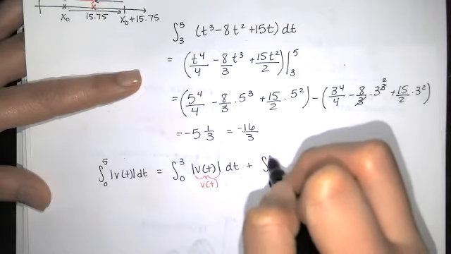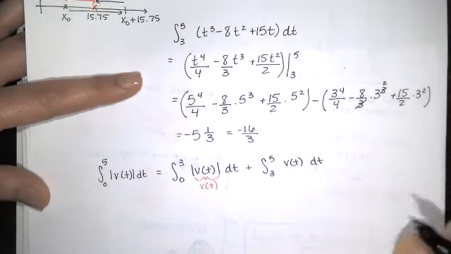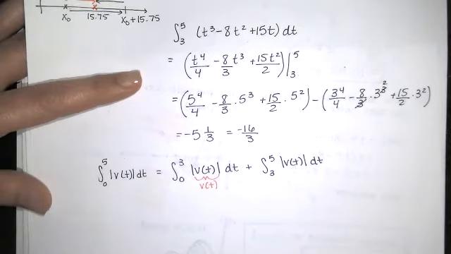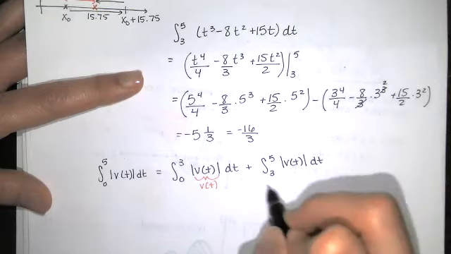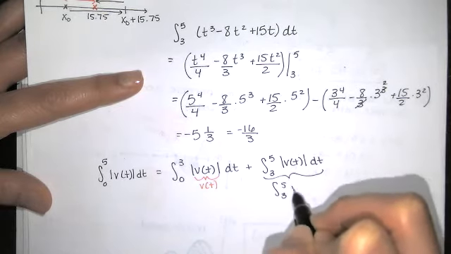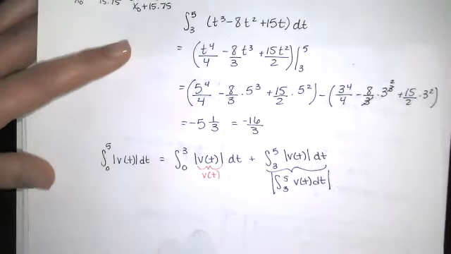And then we've got the integral from 3 to 5 of the velocity function, and this is the same as finding that integral from 3 to 5, getting a negative result and then taking its absolute value.